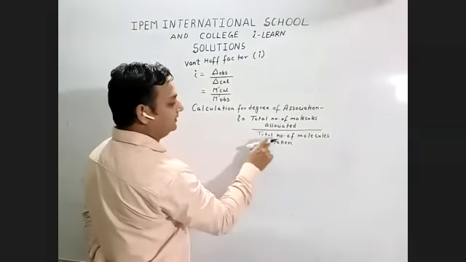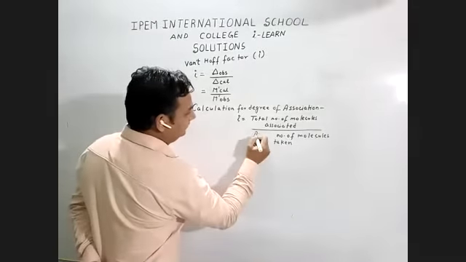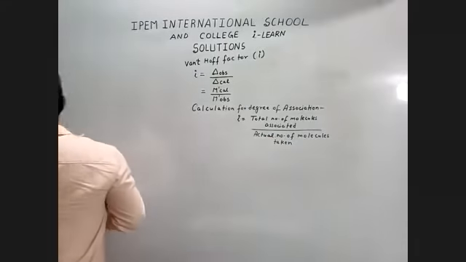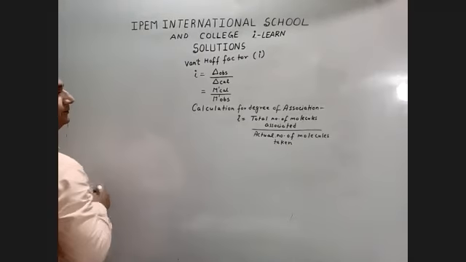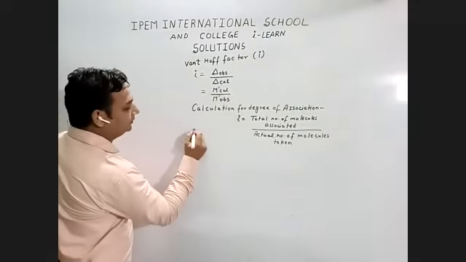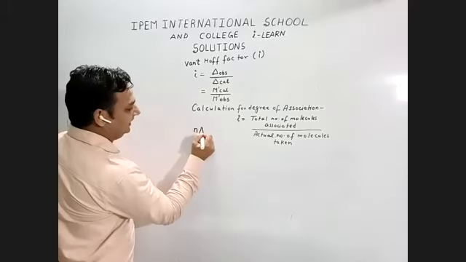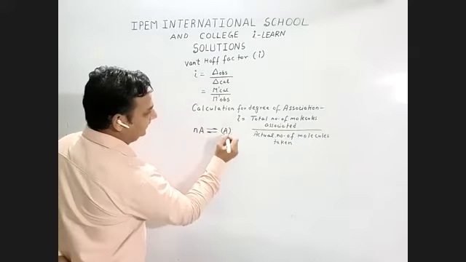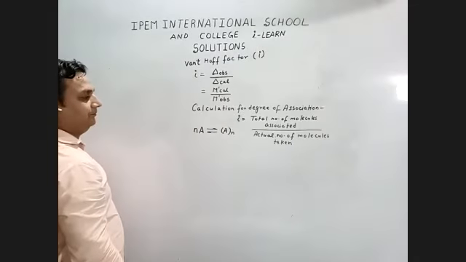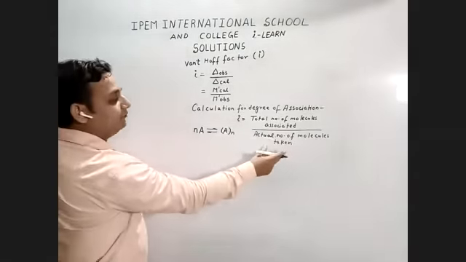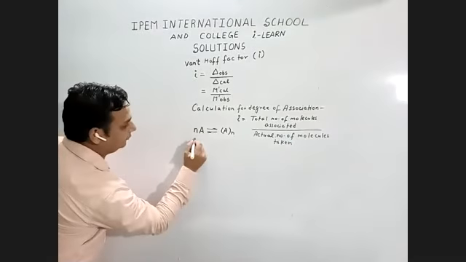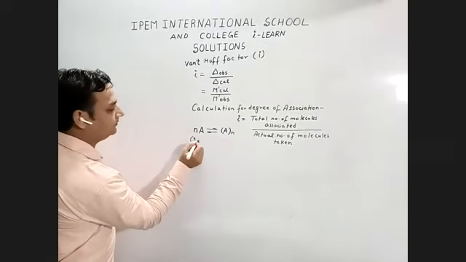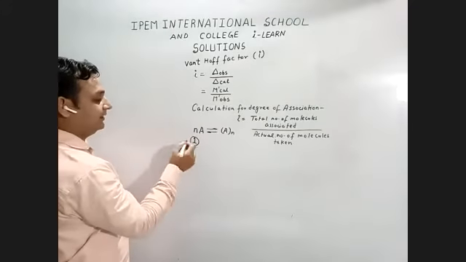So total number of molecules taken means the actual number of molecules taken. Now, what we have to do here, say an example, this will give you an n. All right. Now, actual number of molecules taken, so suppose I have taken one. Actual number of molecules taken, that is one.